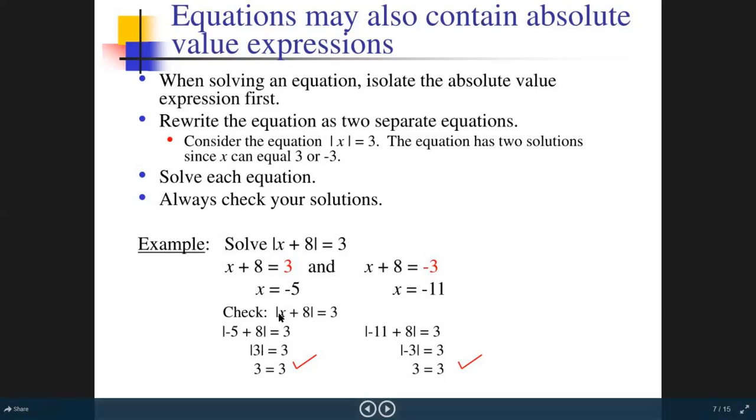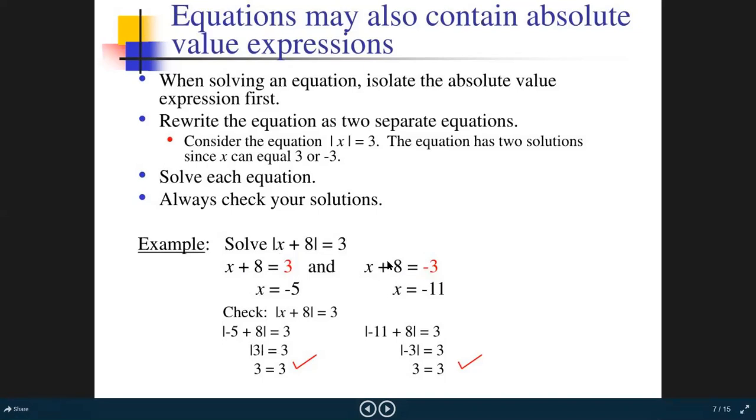What we try to understand is, if x + 8 is equal to a positive number, what will be the value of x? If x + 8 is equal to a negative number, what will be the value of x in this condition?